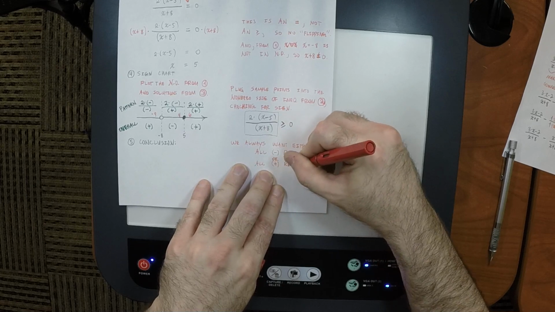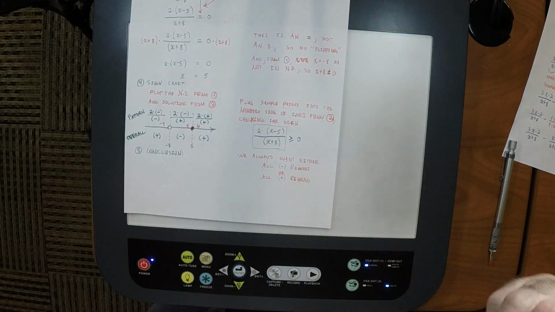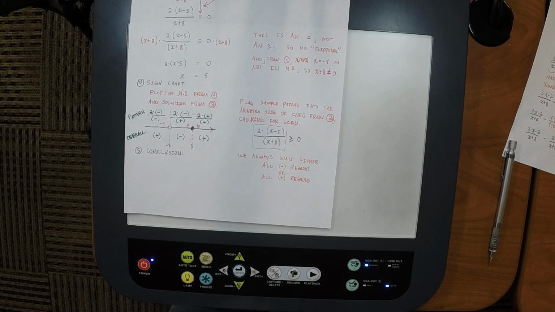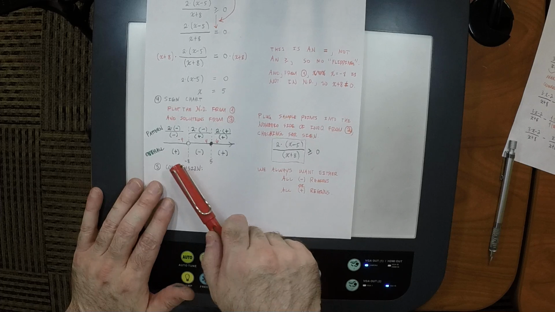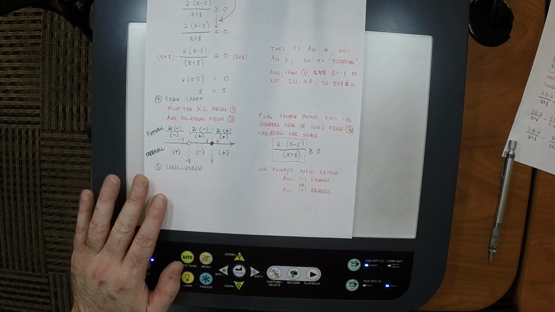And which kind you want just depends on the exercise. Some exercises you want all the negatives, some exercises you want all the positives. It'll just depend. So you have to be able to look at it and figure out which are the ones that we want. So do we want all the negative regions or all the positive regions, and why do we want that kind?